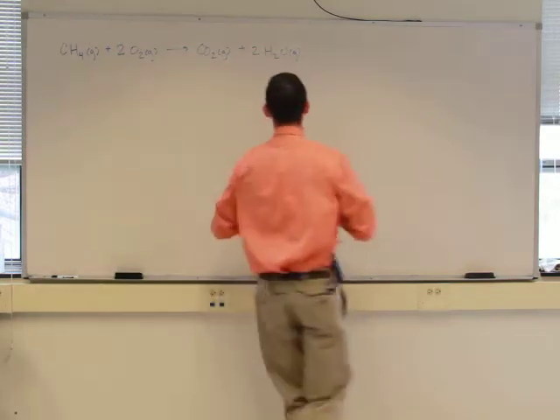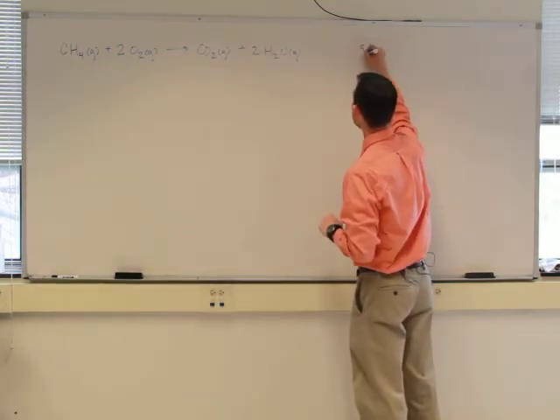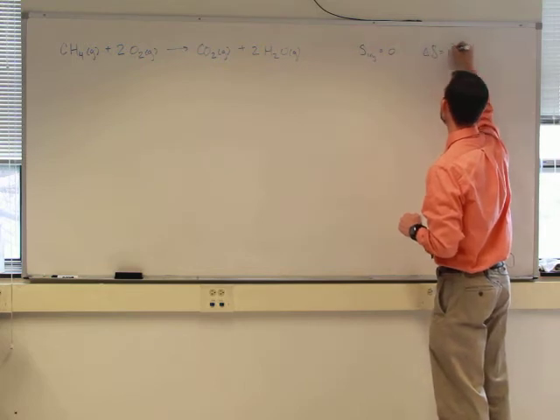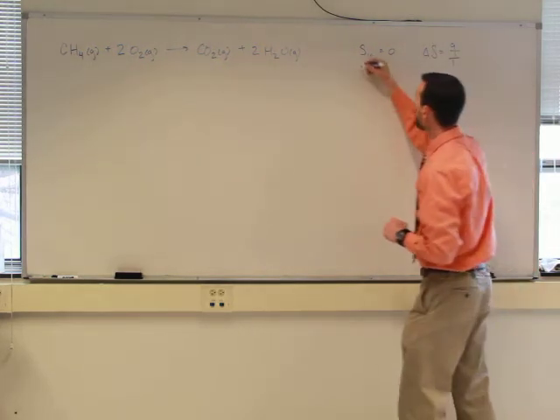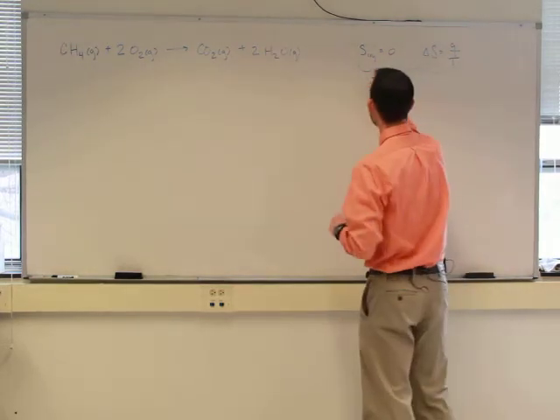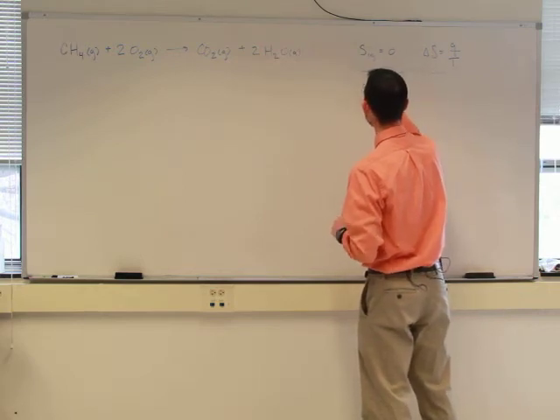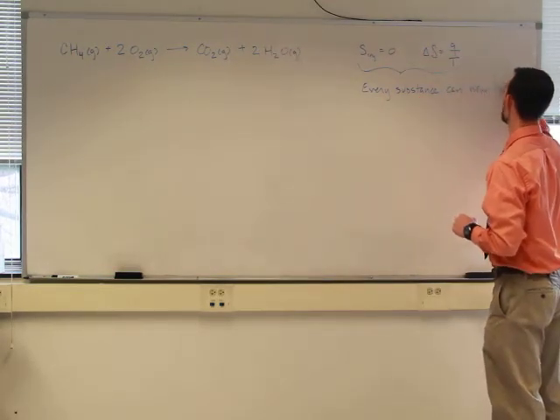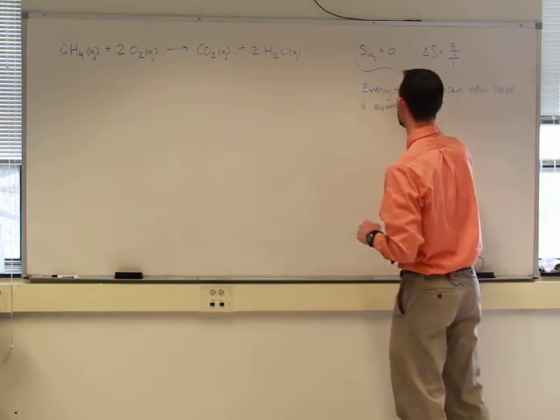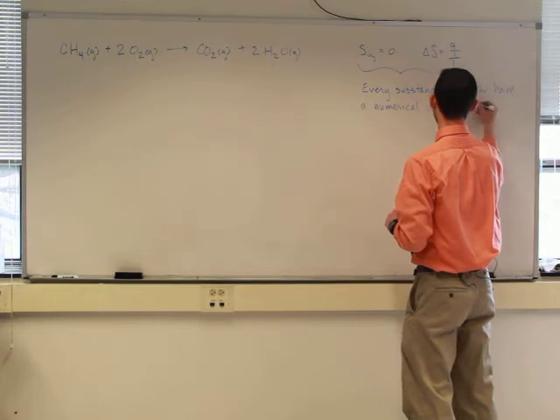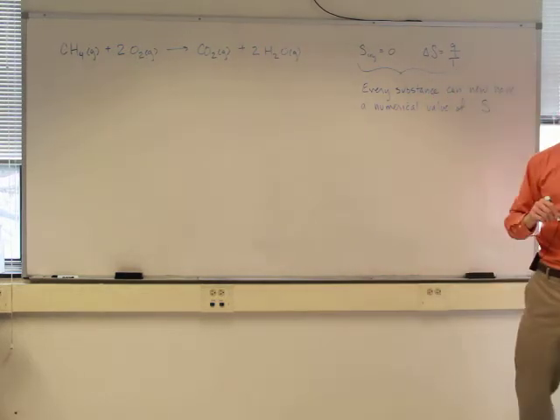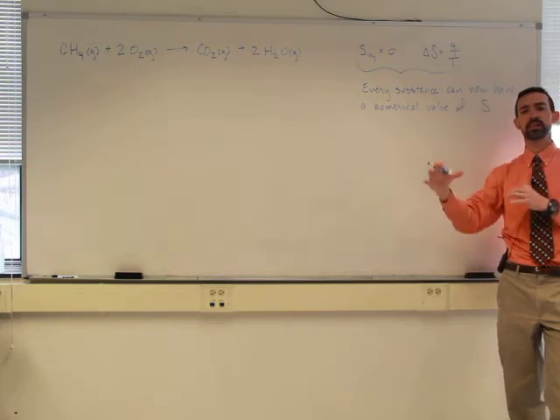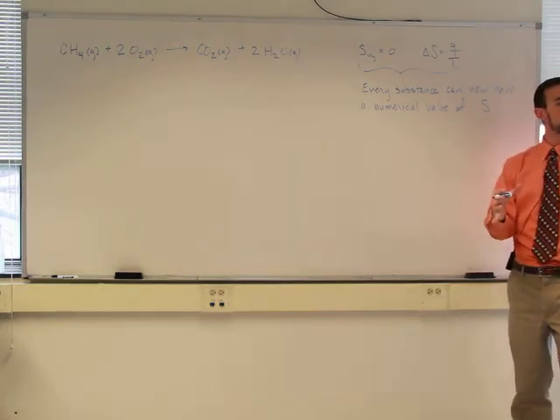So remember that we earlier were able to define that the entropy of a perfect crystal was equal to 0, and that the entropy change was Q divided by T. If we couple these two ideas together, we're able to understand that every substance can now have a numerical value of S. So every substance can have an actual number for its entropy, rather than just relatively thinking, how does this substance stack up against this substance, which we did with a couple of examples.